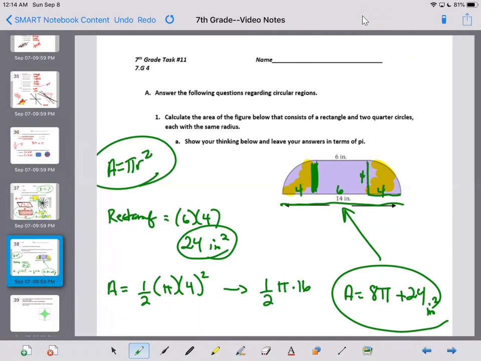So that would be your exact answer. Notice that's your exact answer because I left it in pi. Now, if we wanted to do an approximation, we could say 8 multiplied by 3.14, which would give us 25.12 plus 24. So that'd be 49.12 square inches, and that would be an approximation.